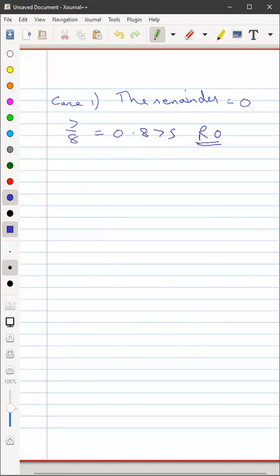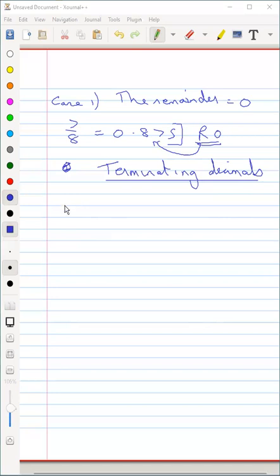Whenever the remainder is 0, the quotient is fixed, it ends after a certain time. So these are called terminating decimal expansions, because they terminate. Terminate means they end.